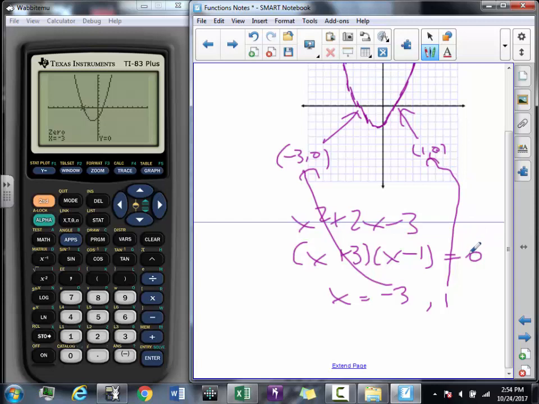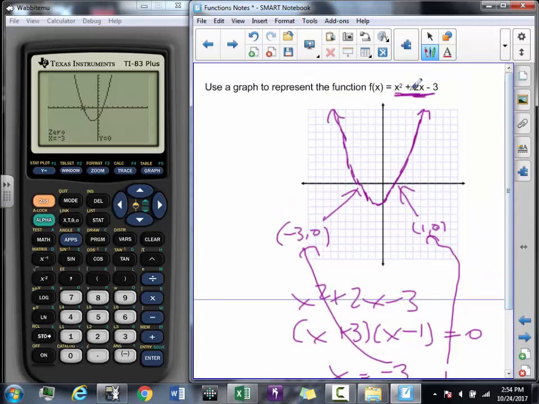When you factor and solve, you're actually solving for x-intercepts in a graphical format. It's two sides of the same coin. There's the algebra side, and then there's the graphing side. So this is why I always do the algebra first, because you might have been able to pick up on where these numbers came from if you know how to factor this.